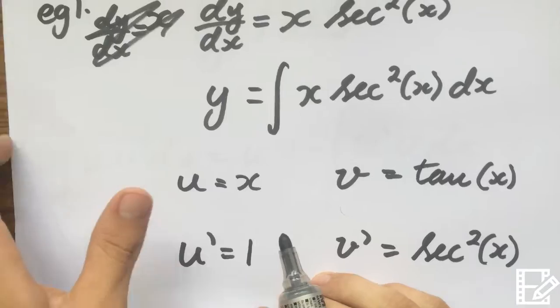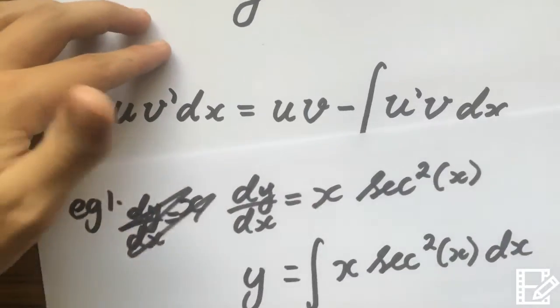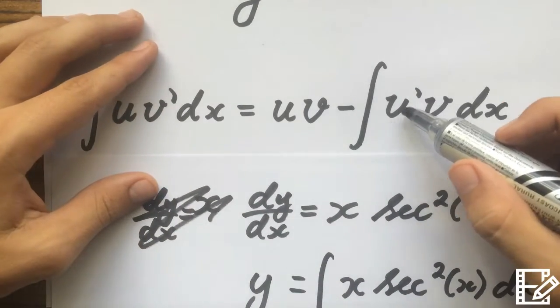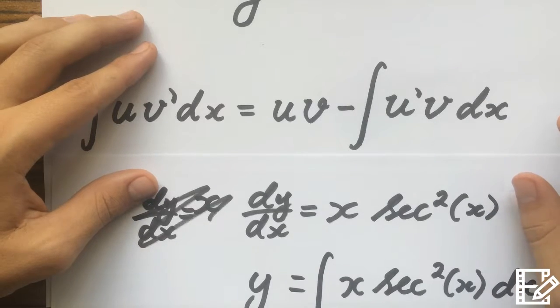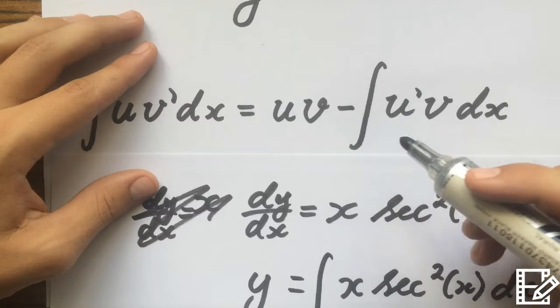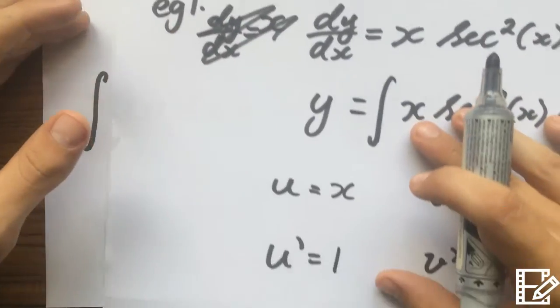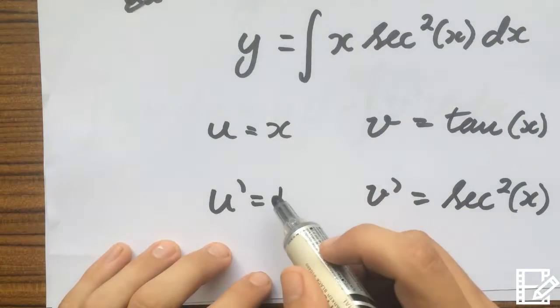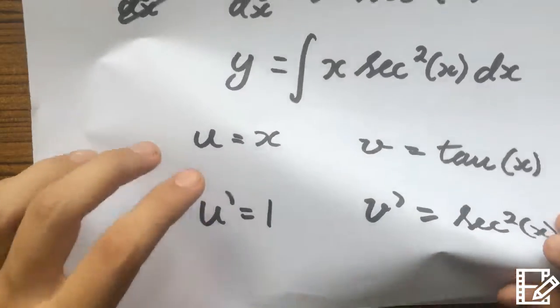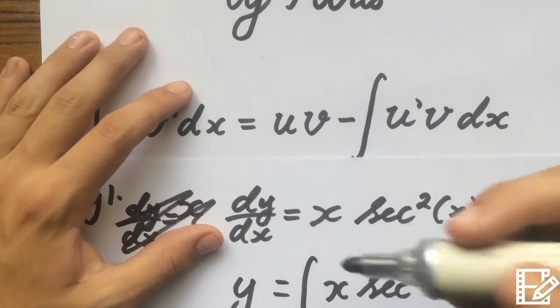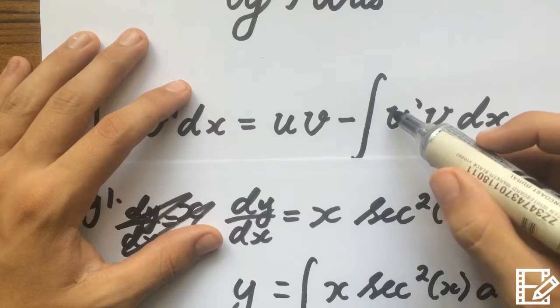Now if you have a look at the formula, we have a u dash multiplied by a v. Now it doesn't matter what v is for the meantime, but we have a u dash multiplied by something. So if we can find a way to get u dash to be 1, then that works out, because when we're working something out, this will be 1.